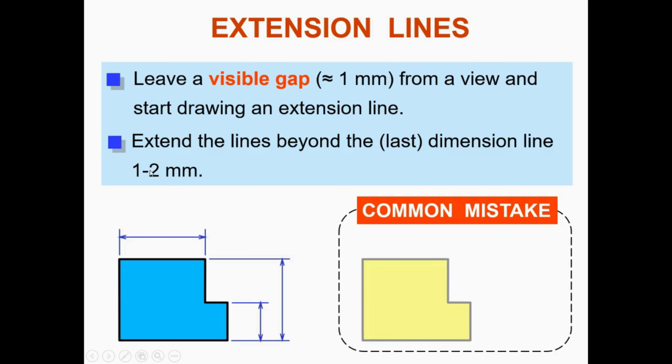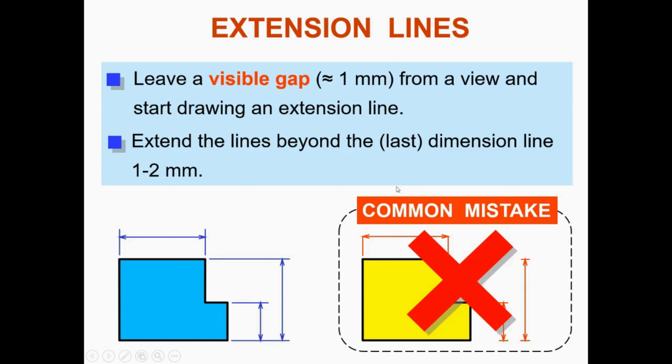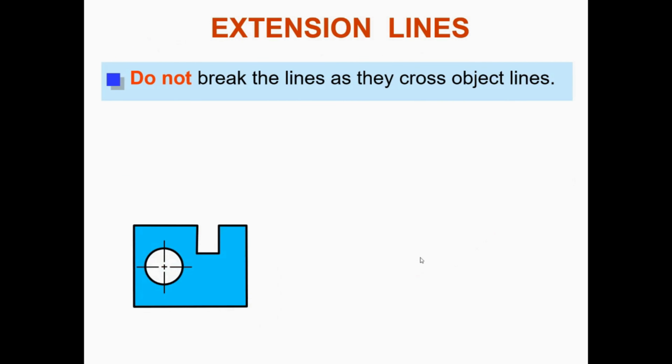Let's look at common mistakes that students usually make. Sometimes you have students having the extension line as well as the dimension line far away from the side that they want to dimension, and it's important to take note of this and not repeat such mistakes. Extension line: do not break the lines as they cross the object lines.